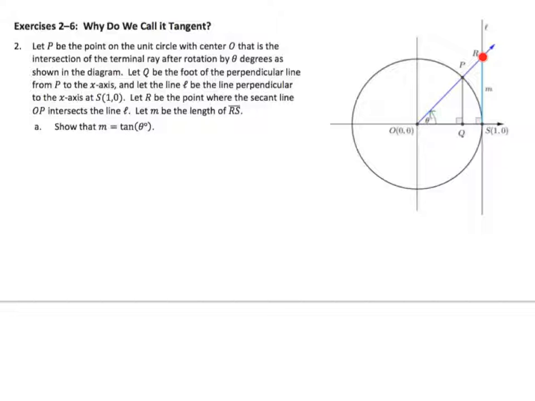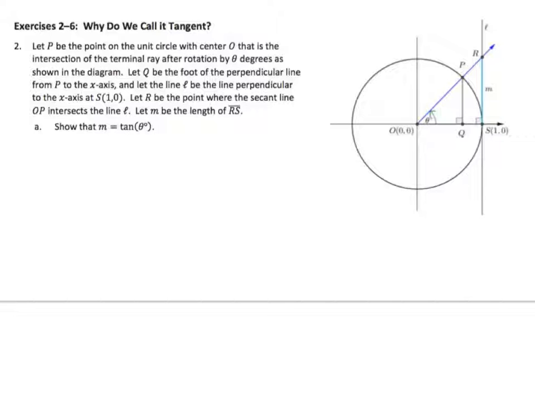R is the point where the secant line OP intersects line L. I say it's a secant line because if I extend it, it hits the circle at 2 points. So let's show that M equals tan theta.